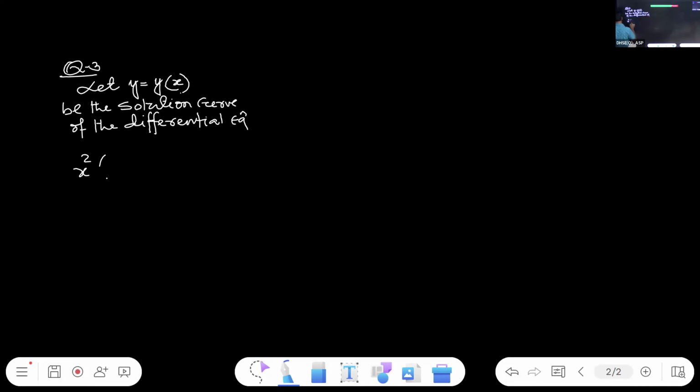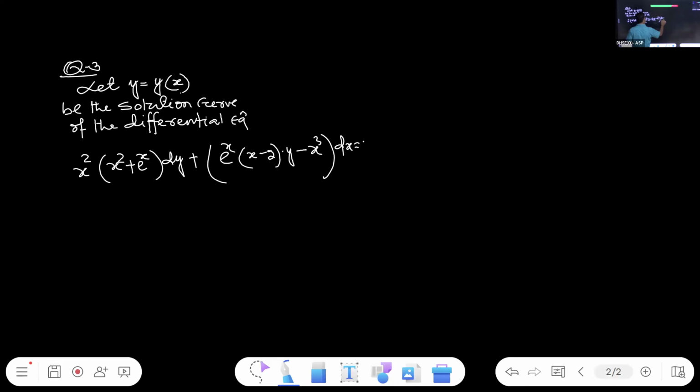The differential equation is x into (x square plus e raised to the power x) into dy plus e raised to the power x into (x minus 2) into y minus x cube into dx is equal to 0, where x is greater than 0, and the curve is passing through the point (1, 0).